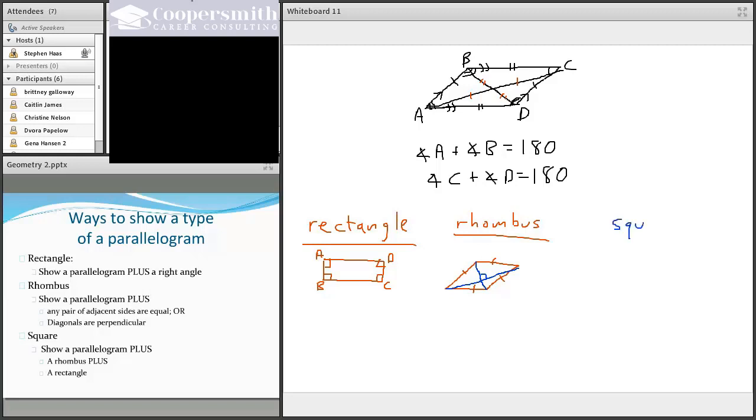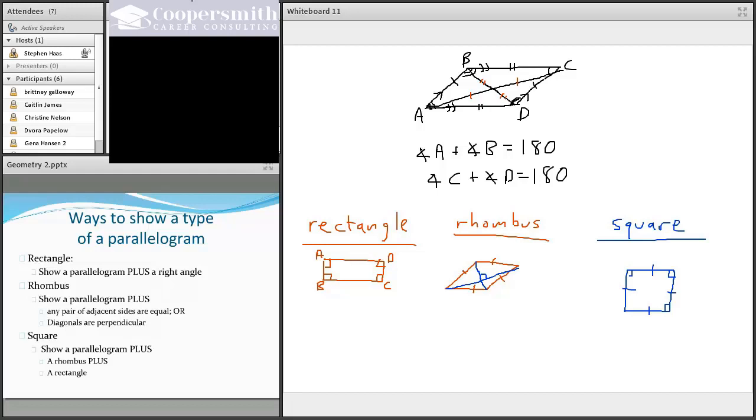The last special type of parallelogram is the square. The square, you all know what a square is? Well, a square is really a combination of a rhombus and a rectangle. A square has sides that are equal to each other, and it also has a right angle, and it's also a parallelogram. And I can tell you something about a square.